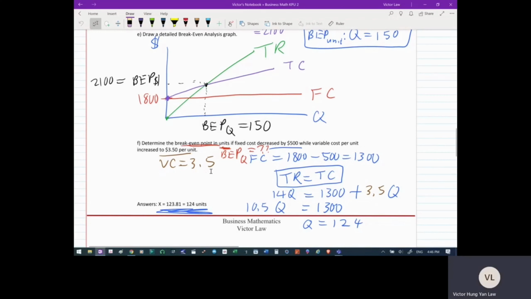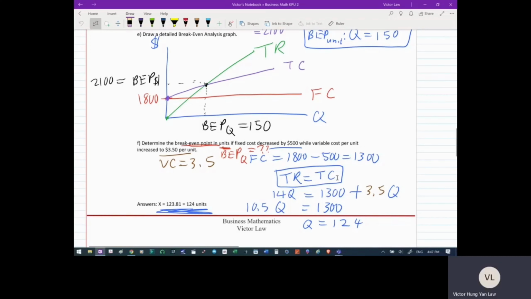So once we understand these two changes, now we're going to calculate the break-even point in units. And we know that at the break-even point in units, our profit equals 0. So when profit equals 0, then total revenue equals total cost. So this is the condition that we have. Then we can substitute the equation. We know what total revenue is. Total revenue is 14Q.